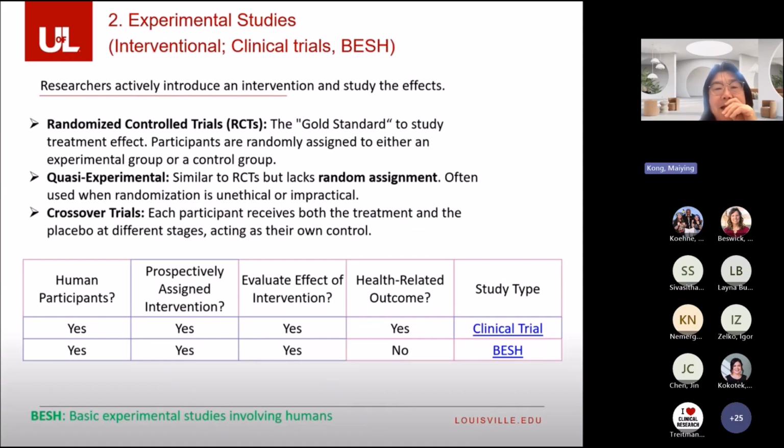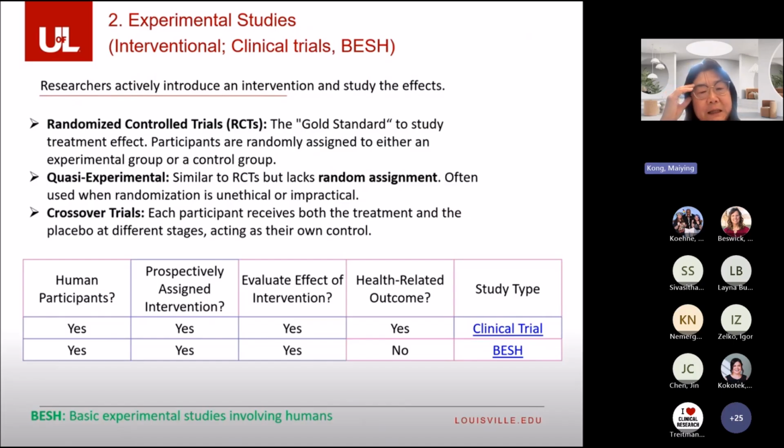First, we talk about clinical trials, particularly randomized controlled trials. Randomized controlled trials are considered the gold standard to evaluate treatment effect. In an RCT, participants are randomly assigned to either an experimental group or a control group.